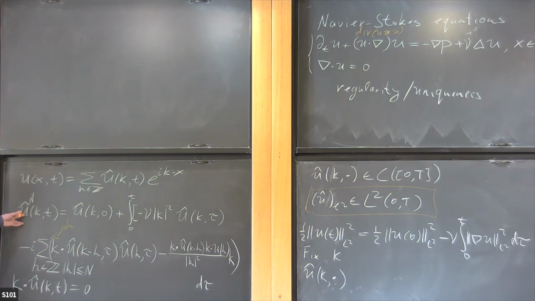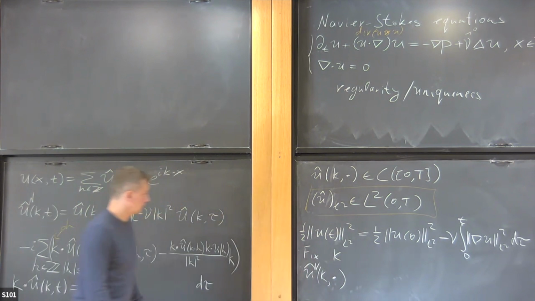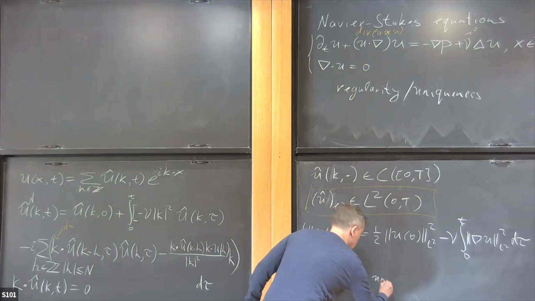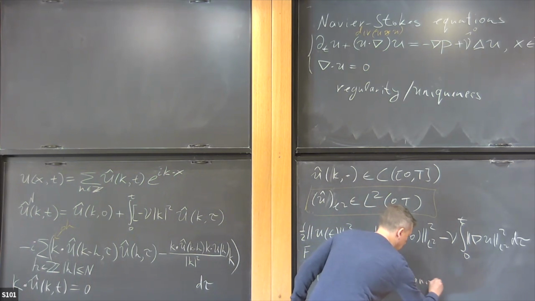It's a finite system of ODEs, so you can solve it. Now, what happens to each Fourier coefficient? It's uniformly bounded in time, and in N it's continuous.